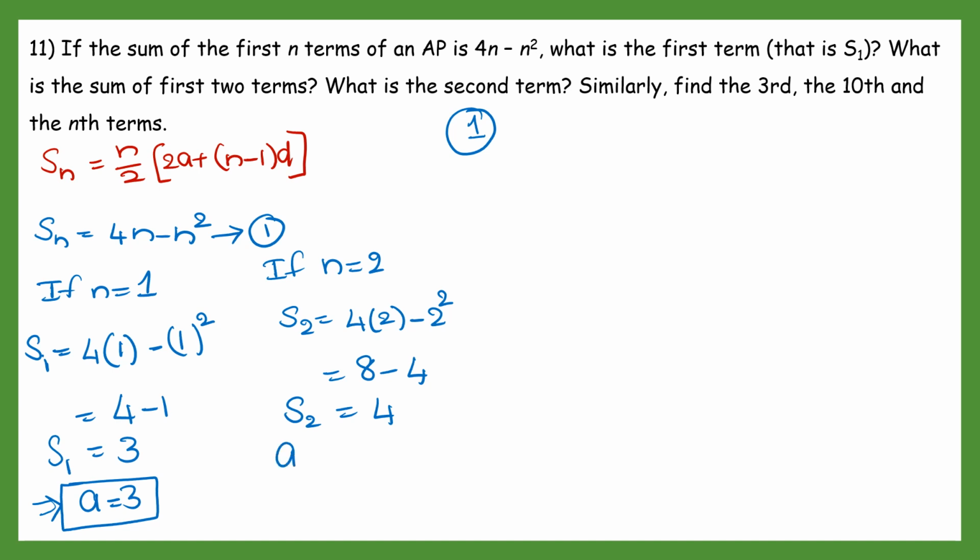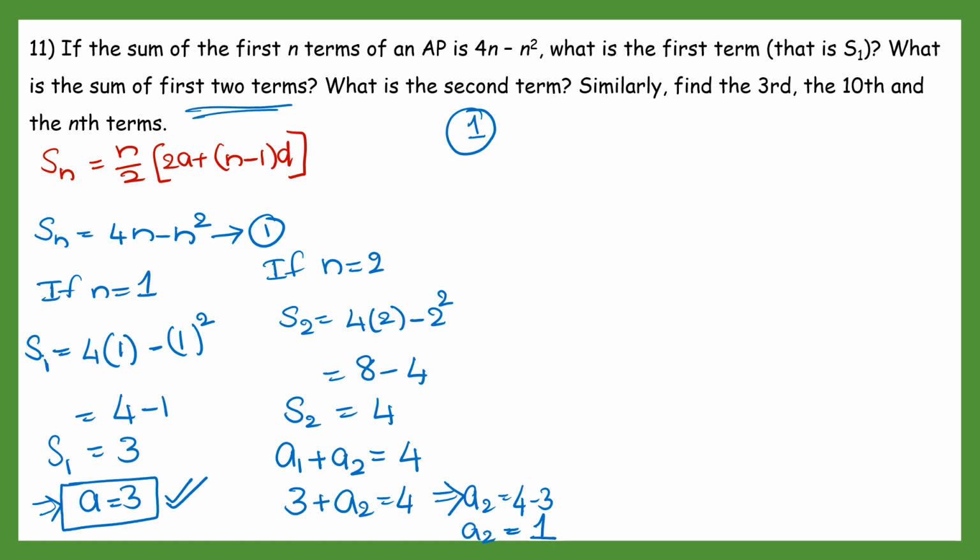Sum of first term and second term. A1 plus A2 is equal to 4. We already got first term as 3. A1 or A is 3. So, substitute that value here. 3 plus A2 is equal to 4. That means A2 is equal to 4 minus 3. So, we got second term as 1. A2 is equal to 1.